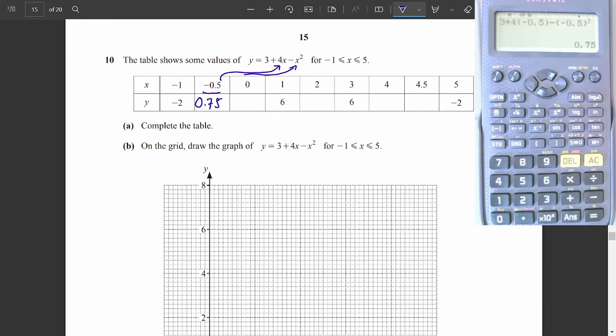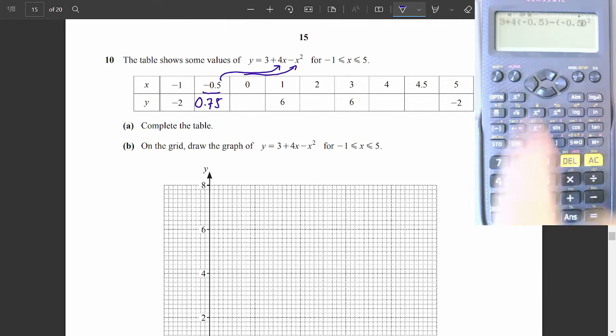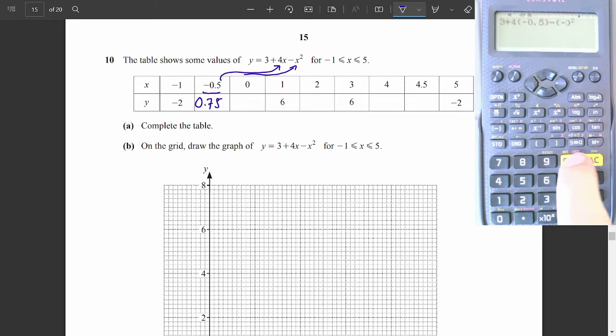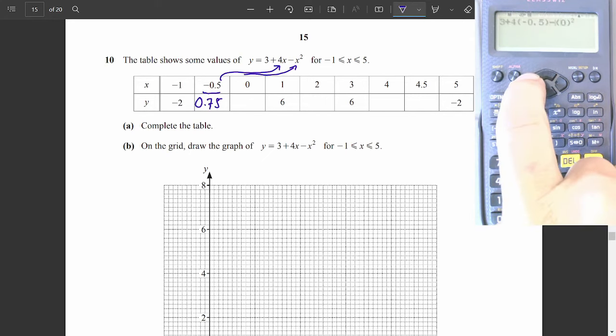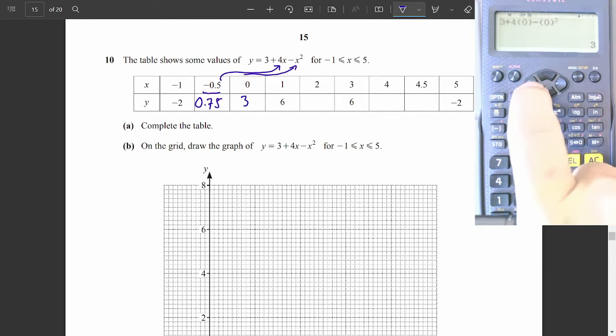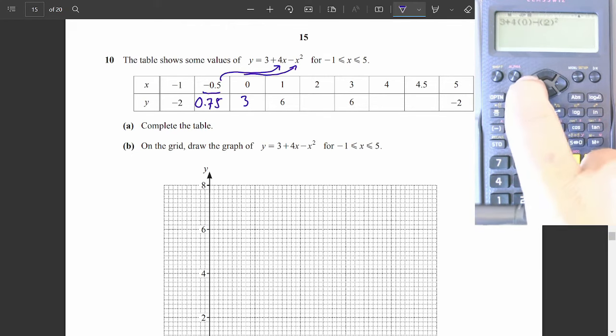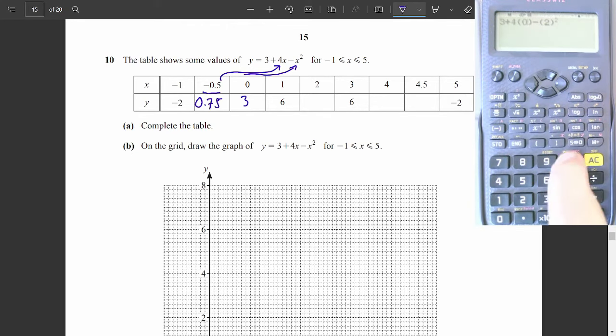Now we can speed things up since we've got our equation already in there, and we can simply delete the values and replace it by the next one, which is 0. So that one is 3. Then we need to substitute 2 in there, use the arrows, make that a 2, and we got 7.